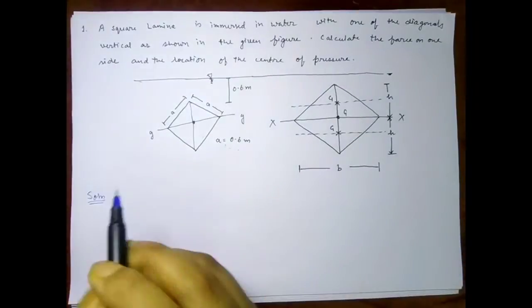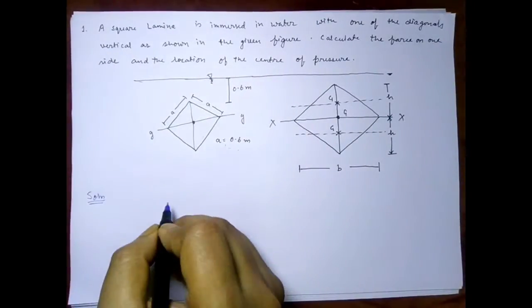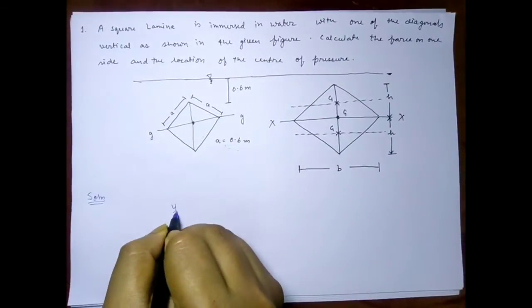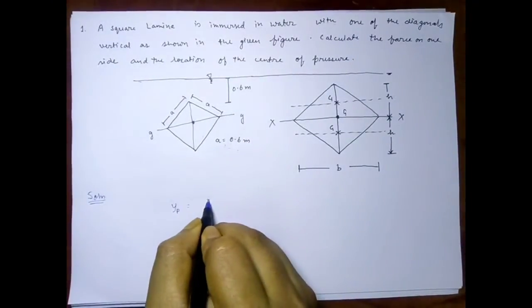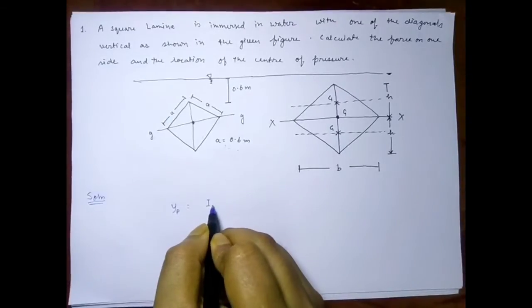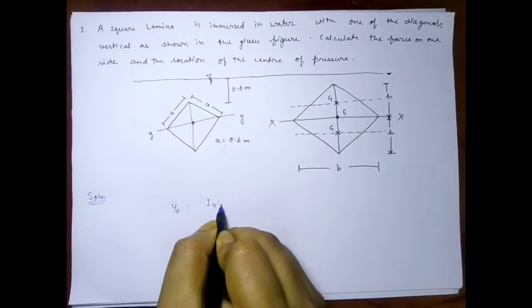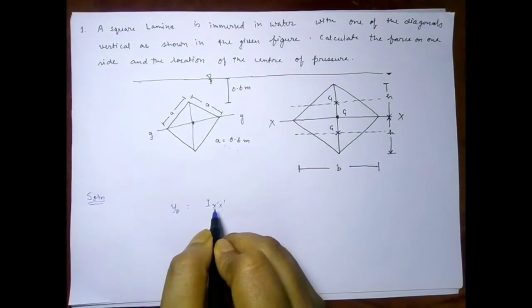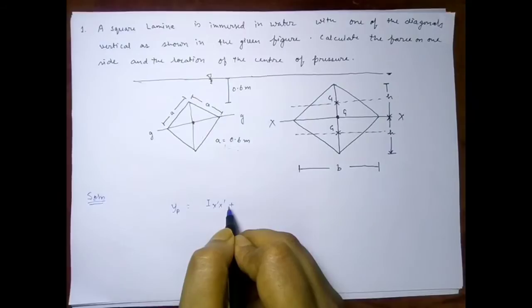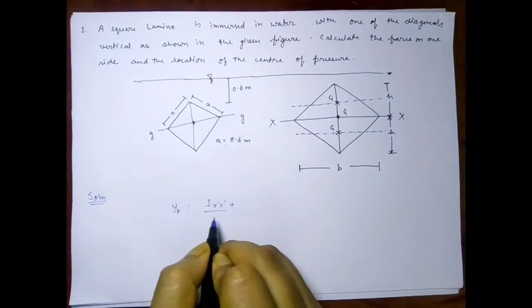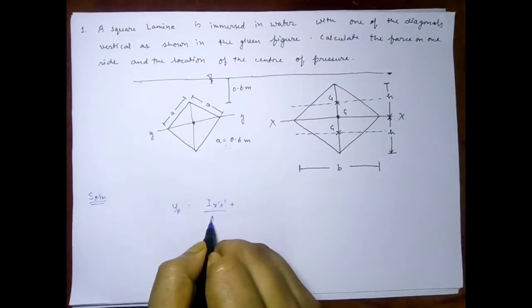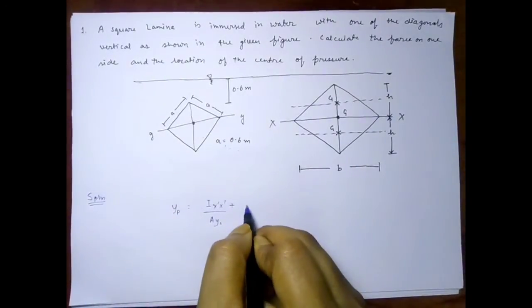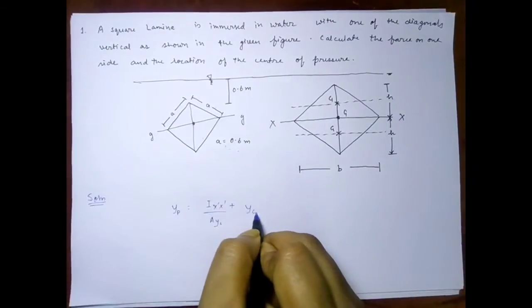So as it is about the x-axis, we will write yp equal to I x dash upon A yc plus yc.